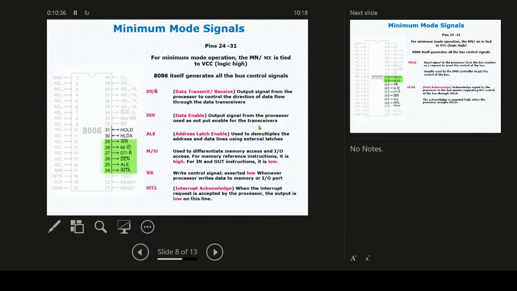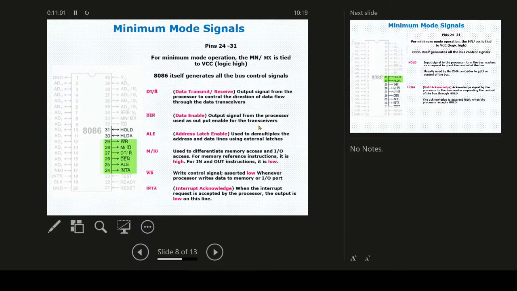The three conditions are about whether the data is transmitted or not. If both are zero, then the transceiver will not be enabled, it will not do any work.